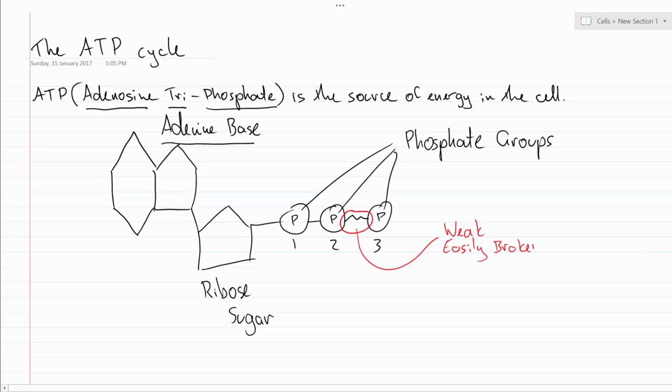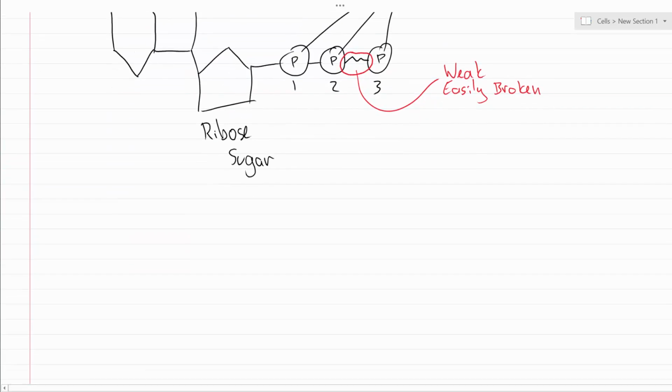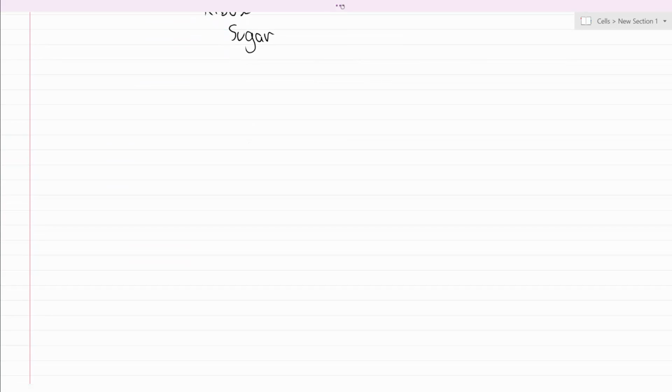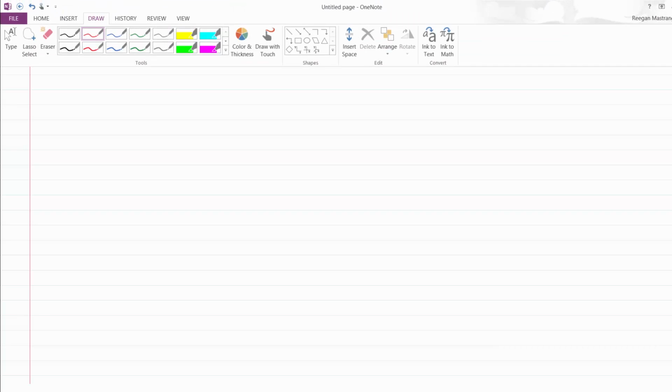So the way in which a cell uses ATP to be able to gain energy is it breaks this bond between the second and third phosphate groups, and we get the release of energy, and then it's that released energy which is able to be put towards different processes within the cell. So how do we come about getting ATP in the first place?